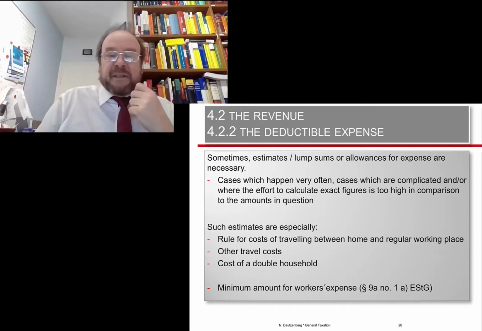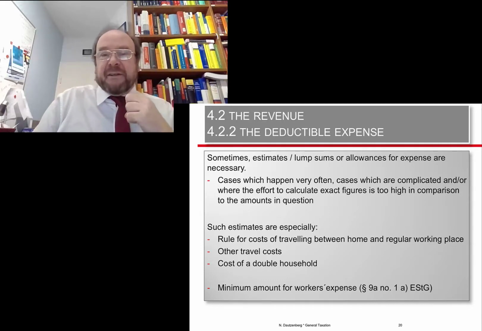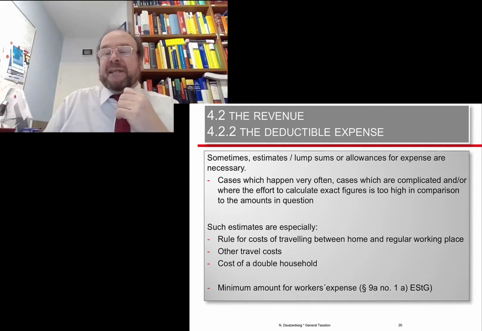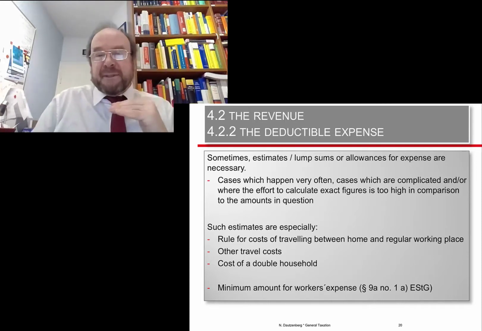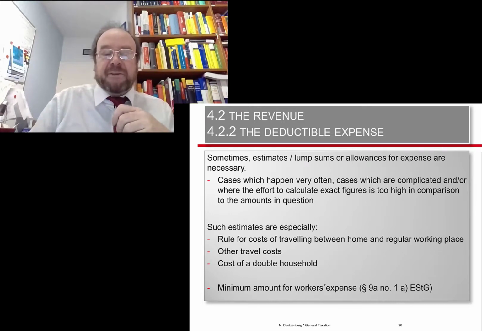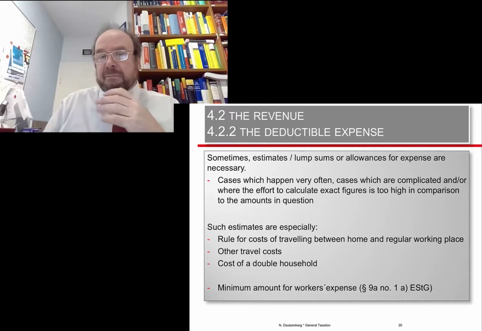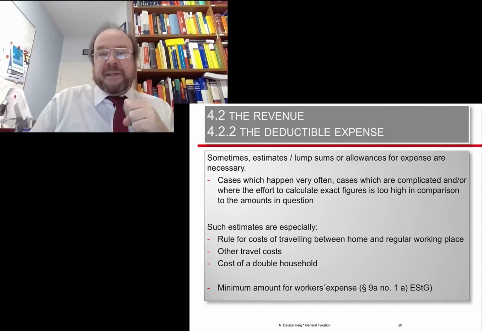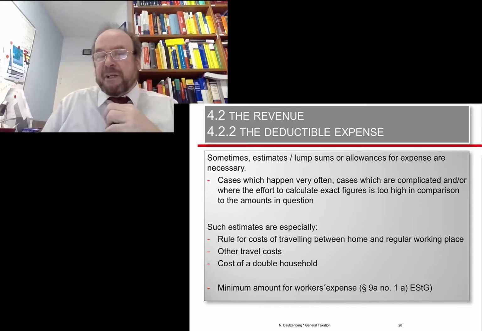So very often for cases which happen very often, which are highly complicated, you create special rules that the expense is limited to a certain amount, or that the expense has to be calculated according to a standardized formula, and so on. Very often you find that for the rules for the travel costs for commuting between your home and your regular working place. Sometimes you find it with regard to other travel costs. In Germany you have it with the costs of a double household.